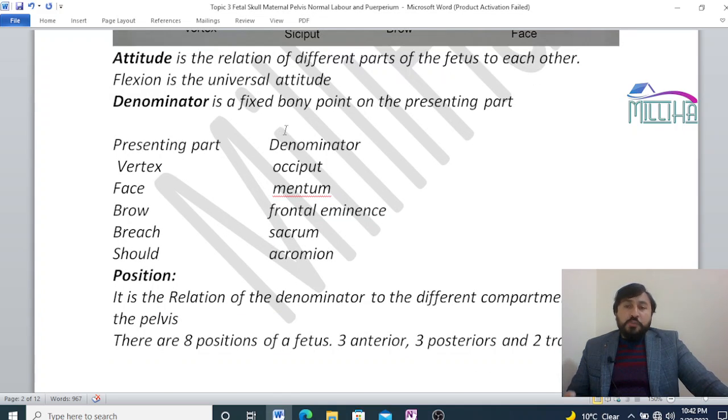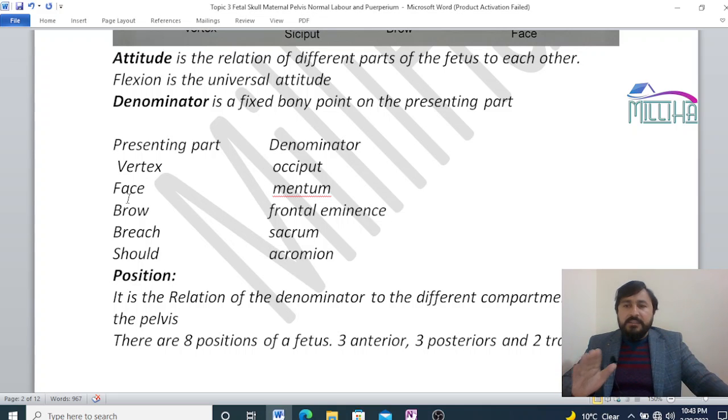Denominator is again a small part of the presenting part. The presentation means head, the presenting part means vertex, and again a small part is called the denominator. If the presenting part is vertex, in that case occiput is the denominator. If the presenting part is face, the face is going to fit the internal os of the cervix.